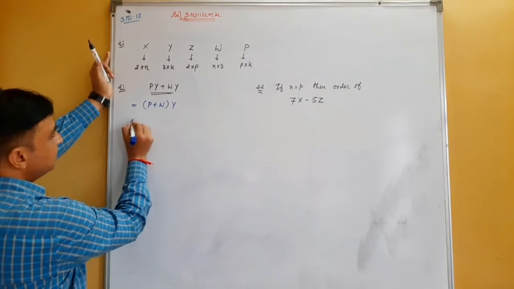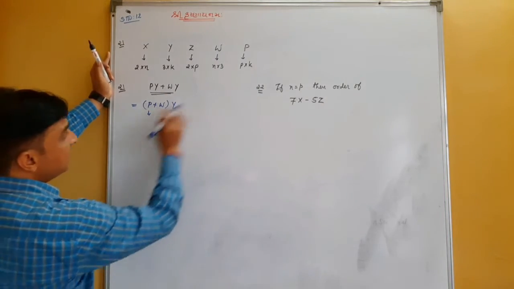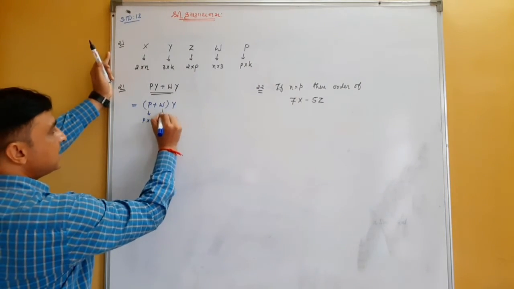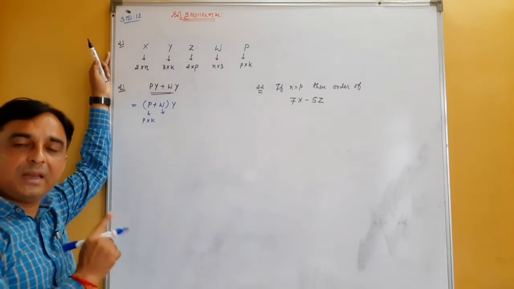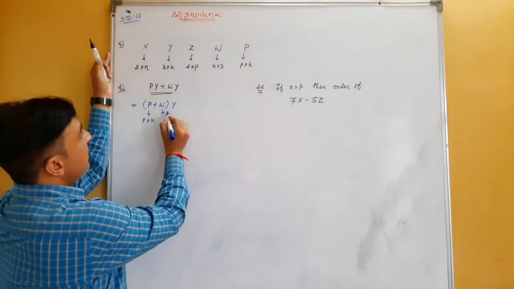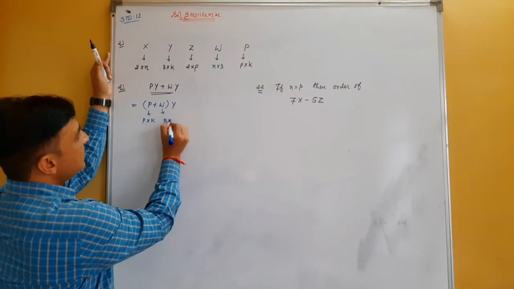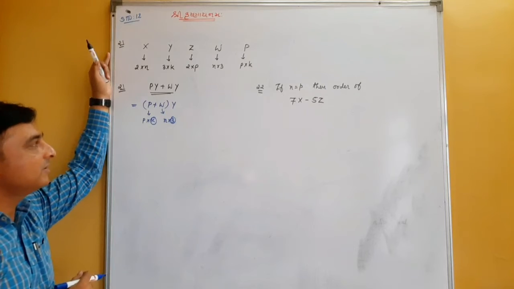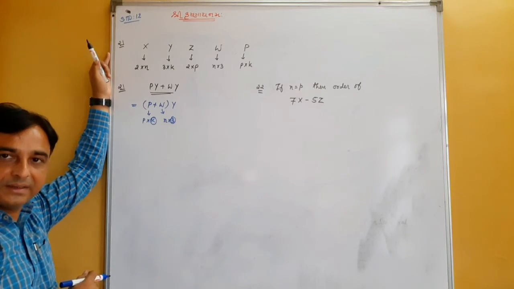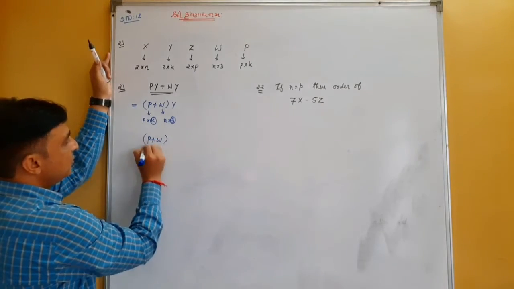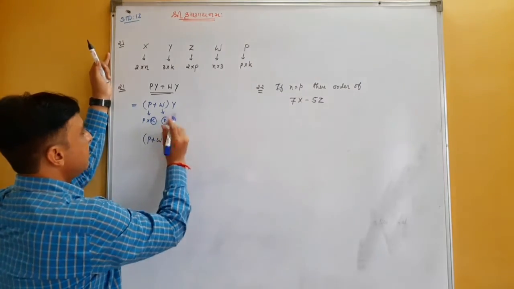Now see, P is a matrix of P cross K, so this must be P cross K, then and only then P plus W can be found. So W is N cross 3. That means K is equal to 3.